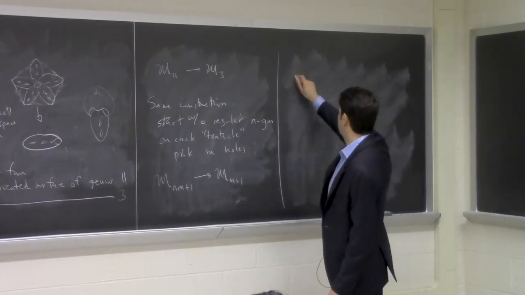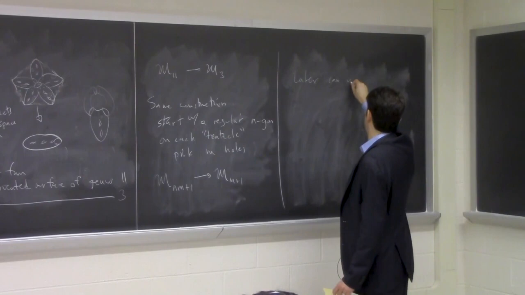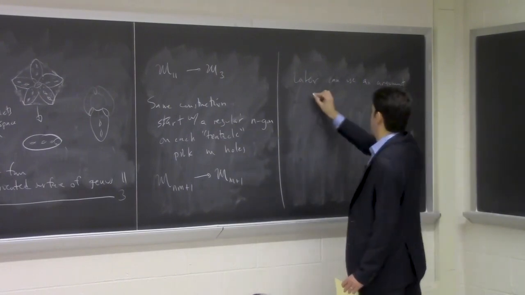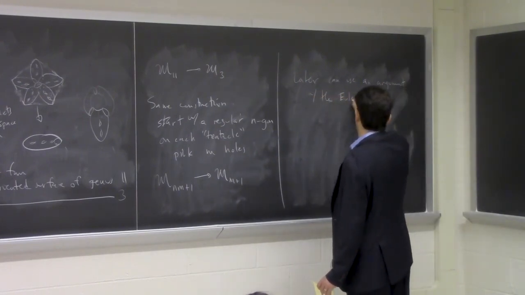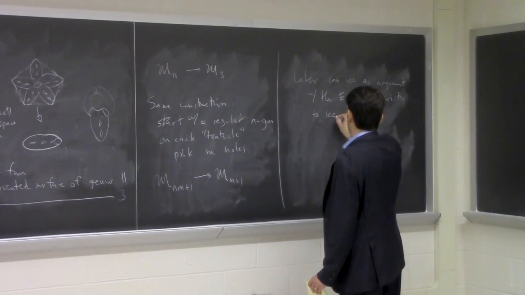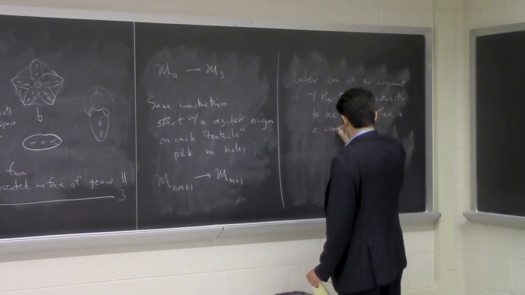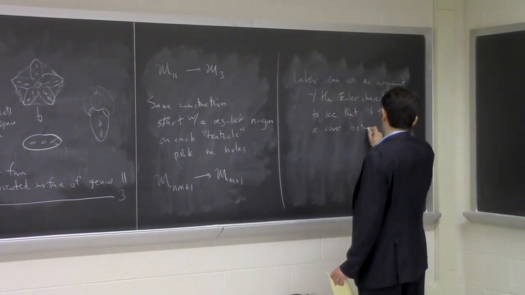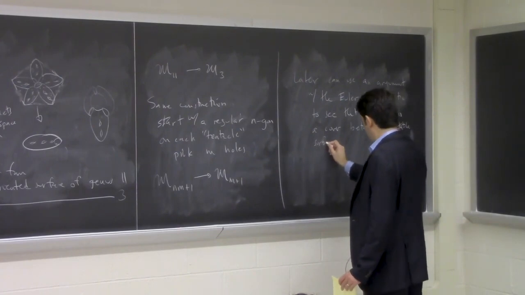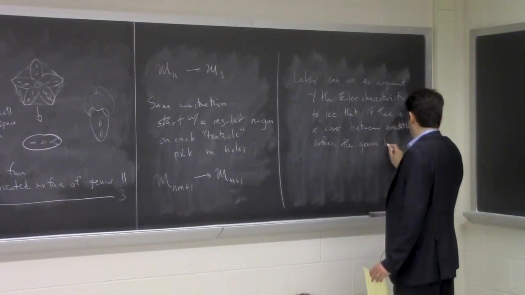Okay, so later you can use an argument with the Euler characteristic to see that if there is a cover between orientable surfaces, the genera are related in this way.